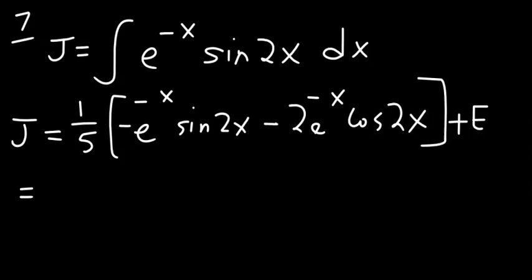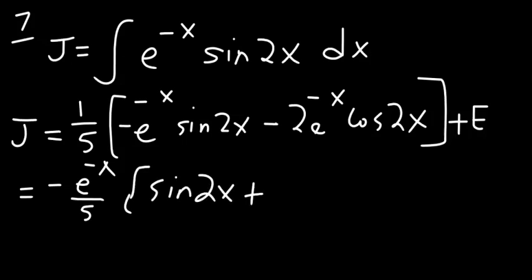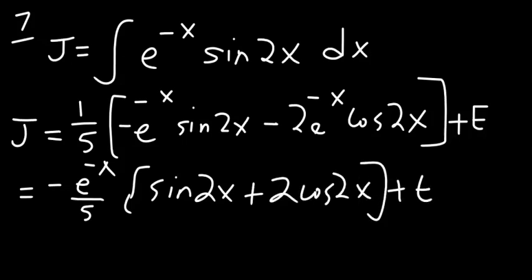One could even simplify this further a little by bringing the common term outside. So minus e to the power minus x over 5 times sine 2x plus 2 cosine 2x plus the integration constant e. And that solves the integral.